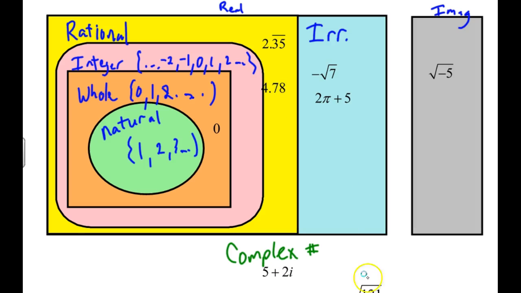This one would be rational. This would be, see, that's really 11 in disguise, so that's a natural number and whole, and integer, and rational, and real. And finally, the last one may not look familiar. It's a more famous number than pi for mathematicians, but you haven't learned it yet. It's called Euler's number, and it is irrational.